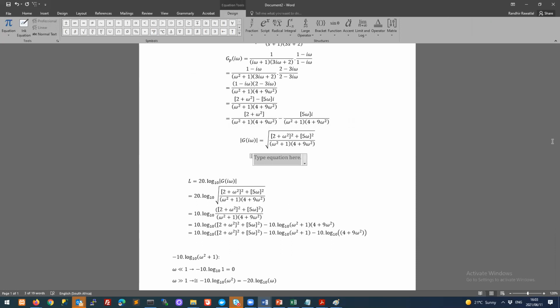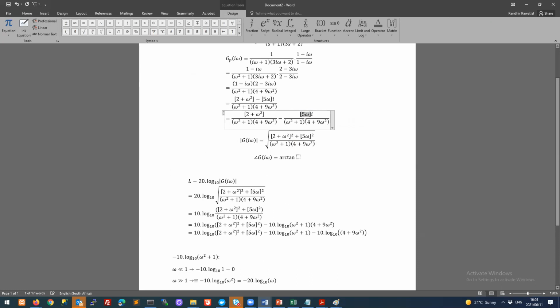So the angle of G of i omega is equal to the arctan of the imaginary part divided by the real part.